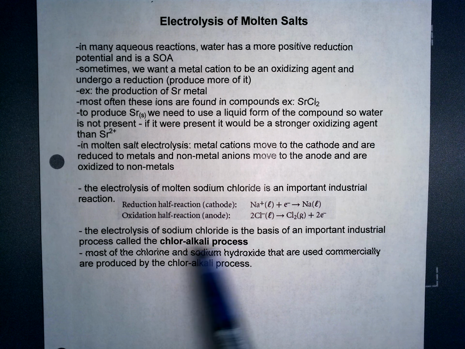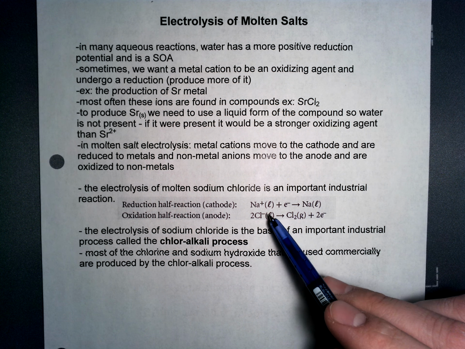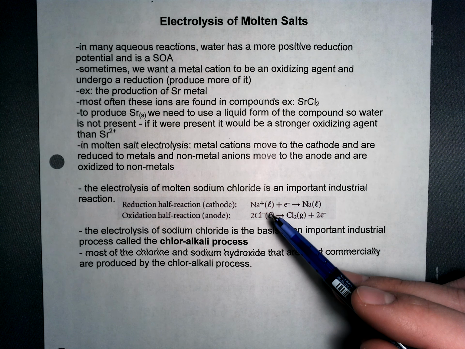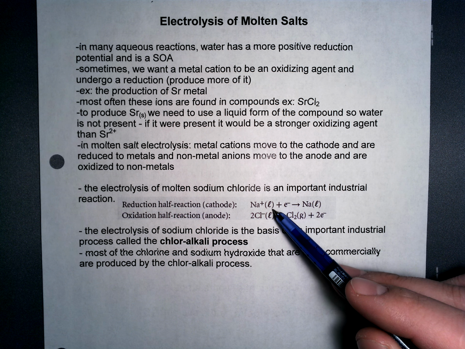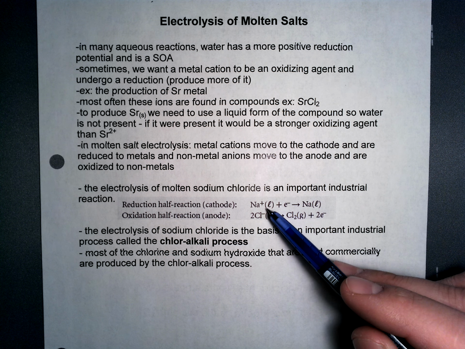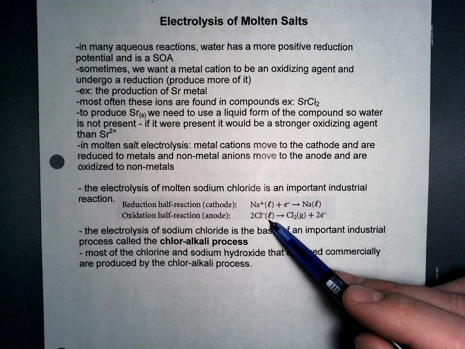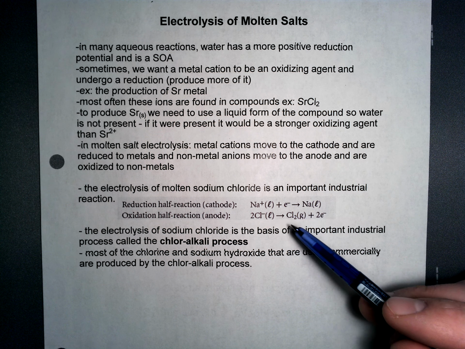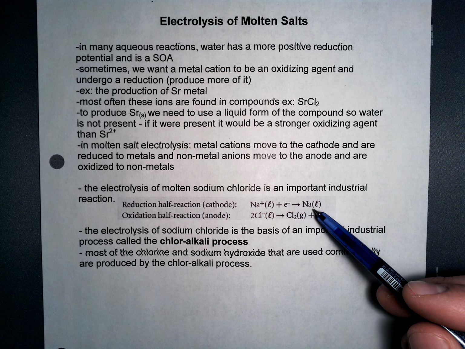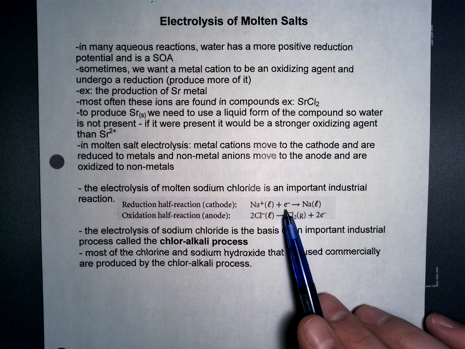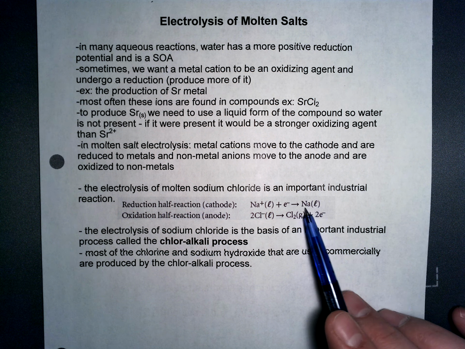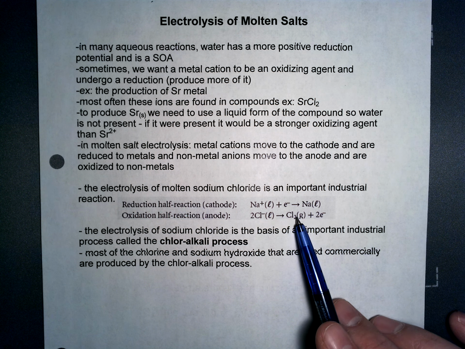So instead of having aqueous sodium chloride, we have no water involved. We just melt down sodium chloride, so we have Na positive liquid and Cl minus liquid. They become our only possible oxidizing and reducing agents. So then what's happening at our cathode, we're making more sodium metal. And at our anode, we're making chlorine gas that can be pulled out.